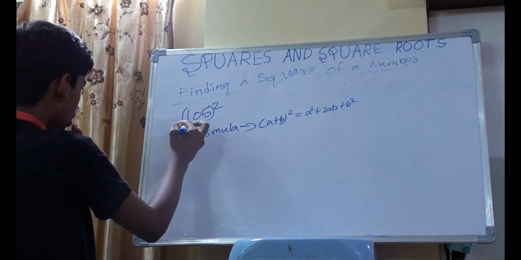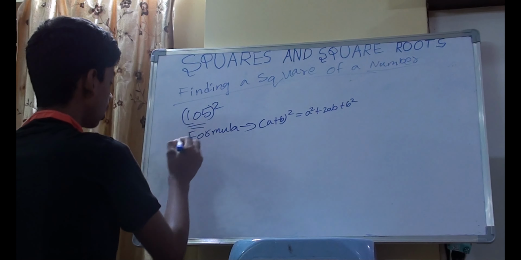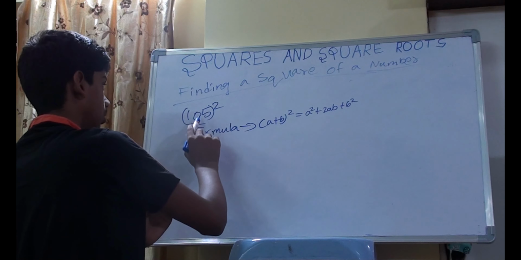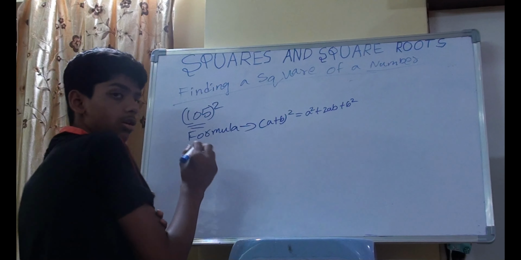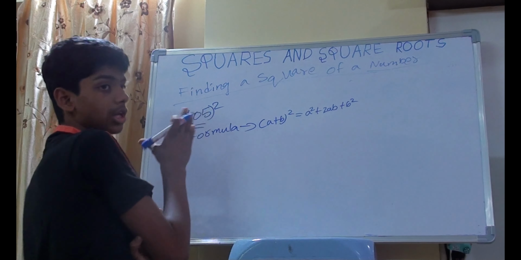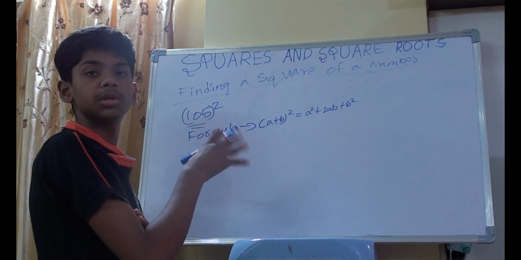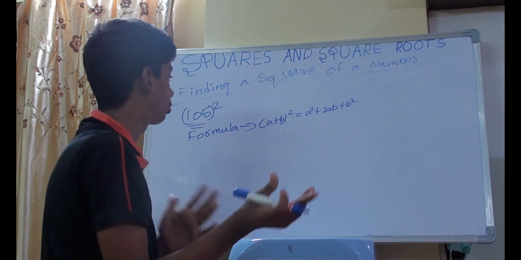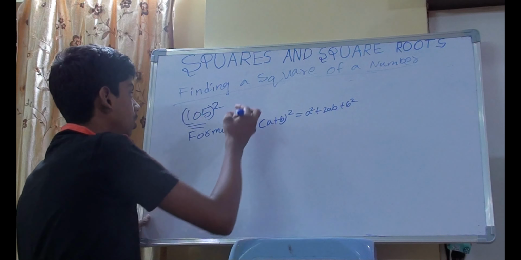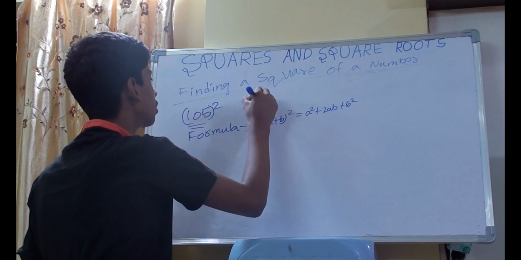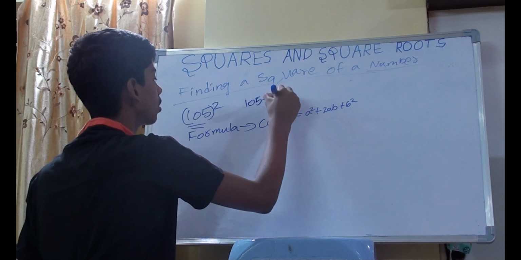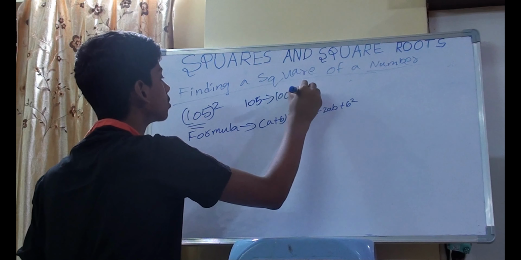Here they have given the number 105. We have to take the number which we can find the square of easily, so we split 105 into 100 plus 5.